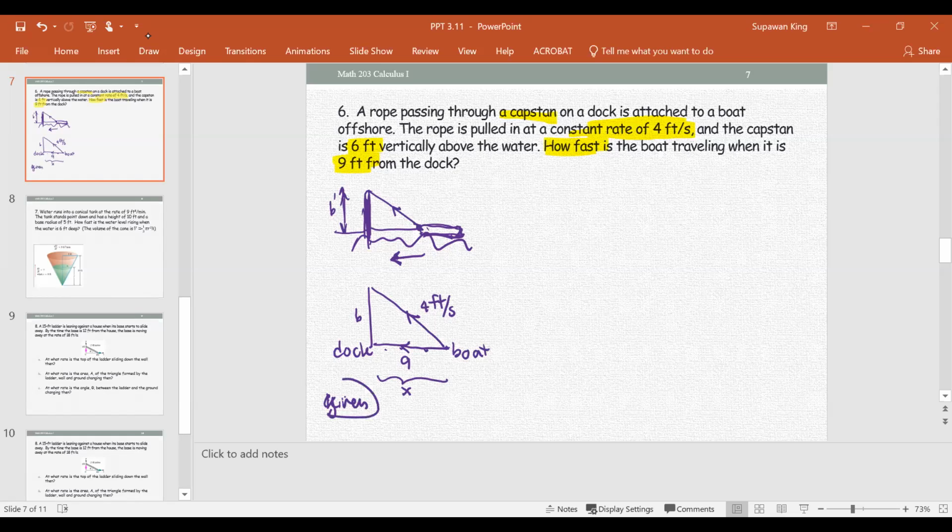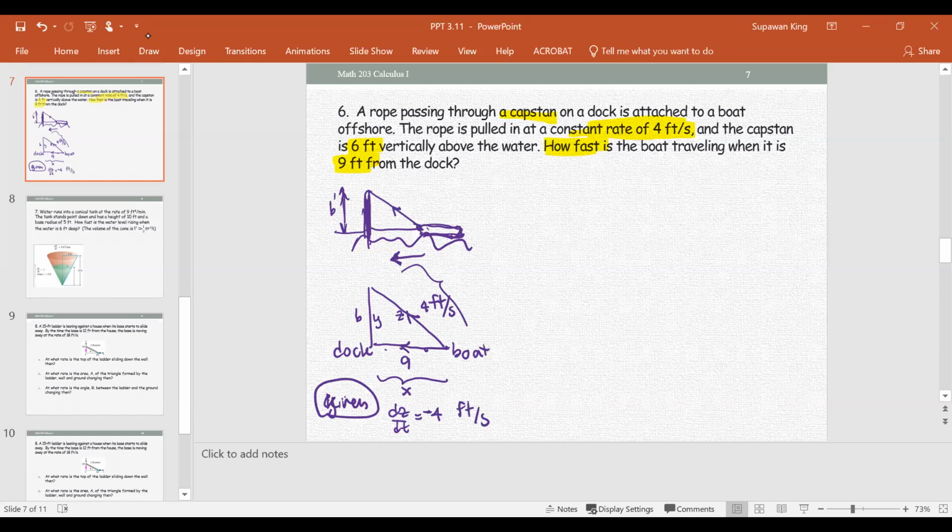The given information, the rate of change of z, dz/dt, equals negative 4. Why negative? Because the position of the boat is getting closer to the dock, so the distance here is shorter and shorter as well. The unit is feet per second.